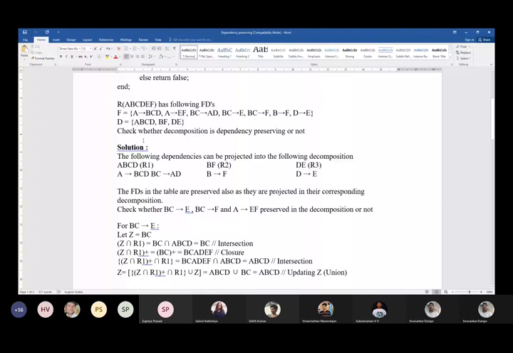Now we need to check whether the dependency is preserved in the decomposition or not, right? You are going to project the dependencies onto the decomposed schema. You have three fragments of relations: A, B, C, D, B, F, D, E, right? The first functional dependency can be projected onto the first fragment: A determines B, C, D. Similarly, B, C determines A, D can be proved.